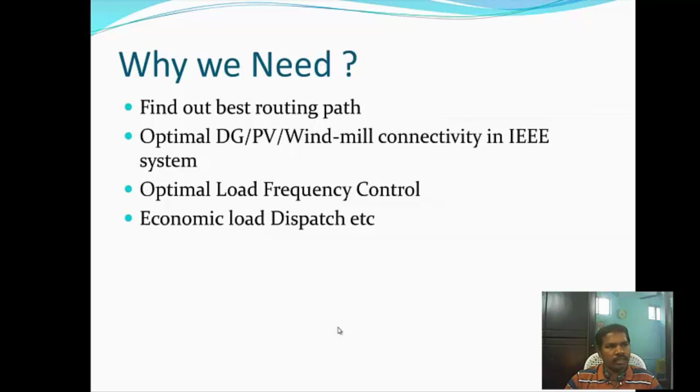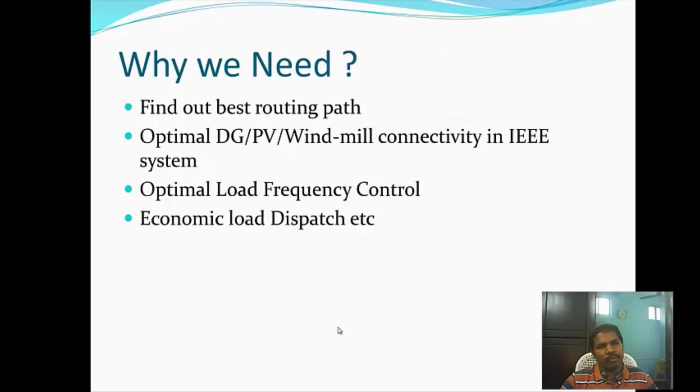When you consider electrical concepts, maybe diesel generator fuel cost minimization, or EV hub or PV unit placement in IEEE systems, or windmill connectivity in IEEE systems, we need optimization.